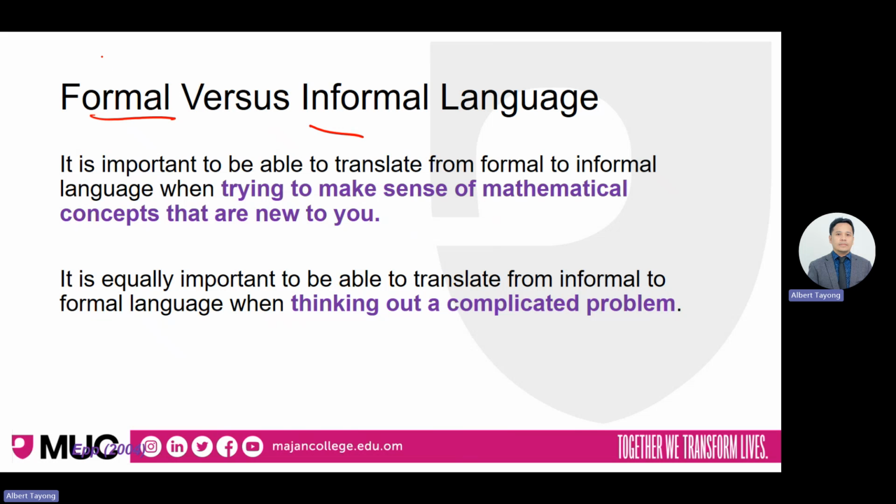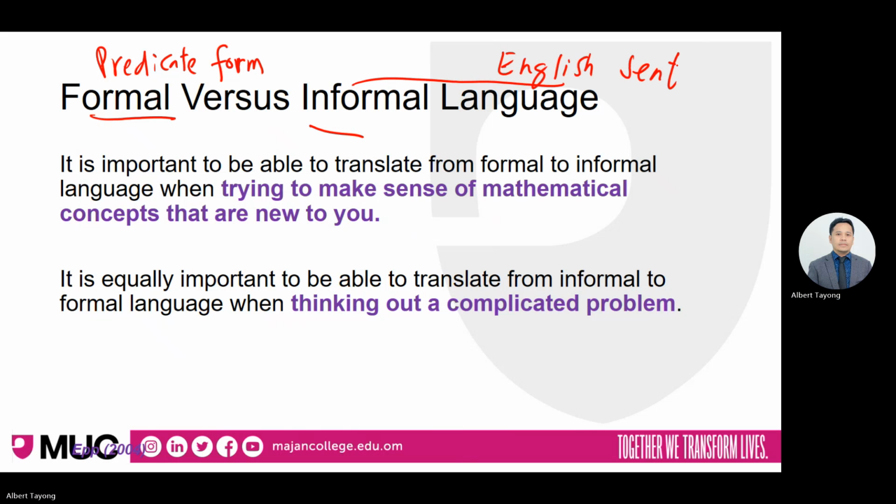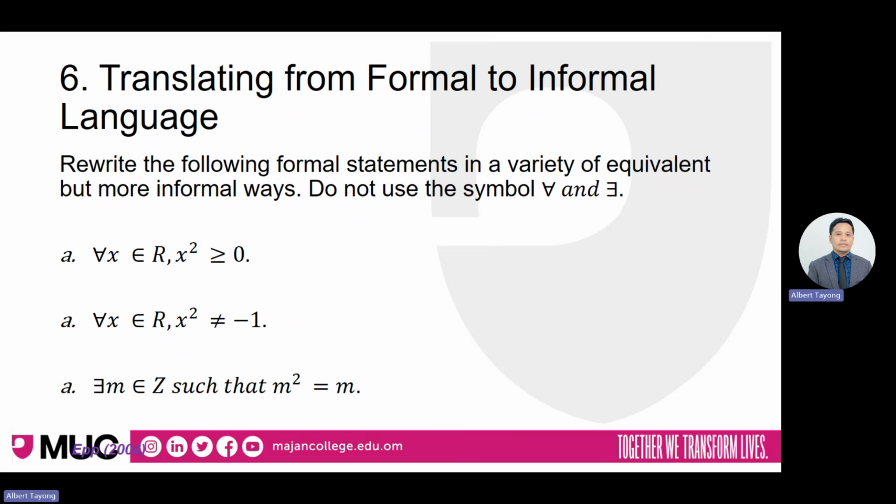As mentioned before, formal is the predicate form. Informal is the English sentence. So this one is formal. These are the predicate forms.